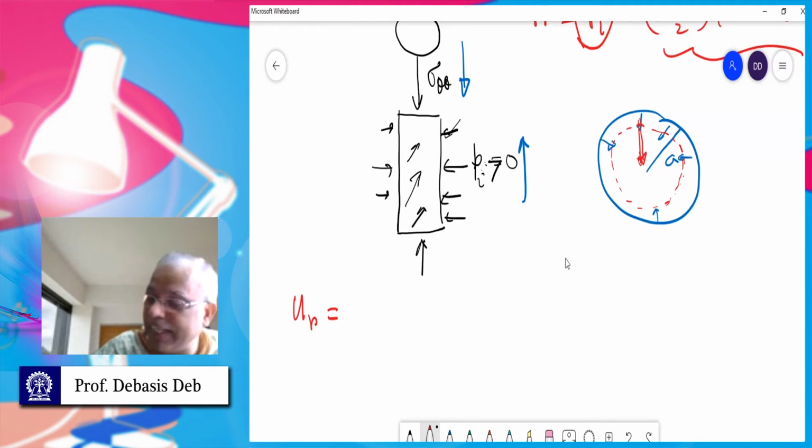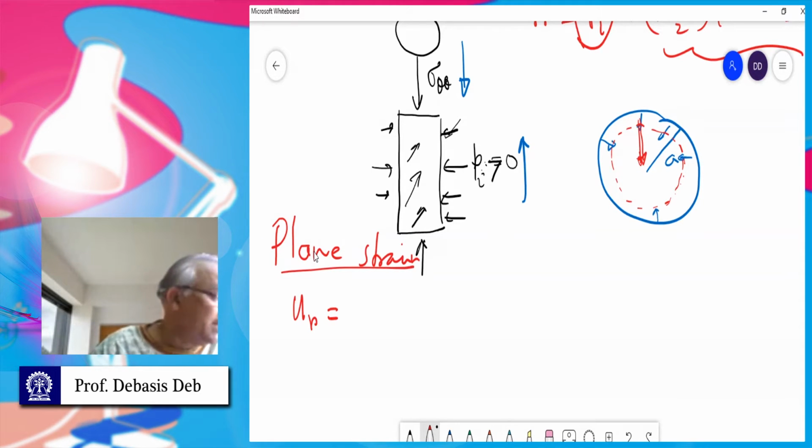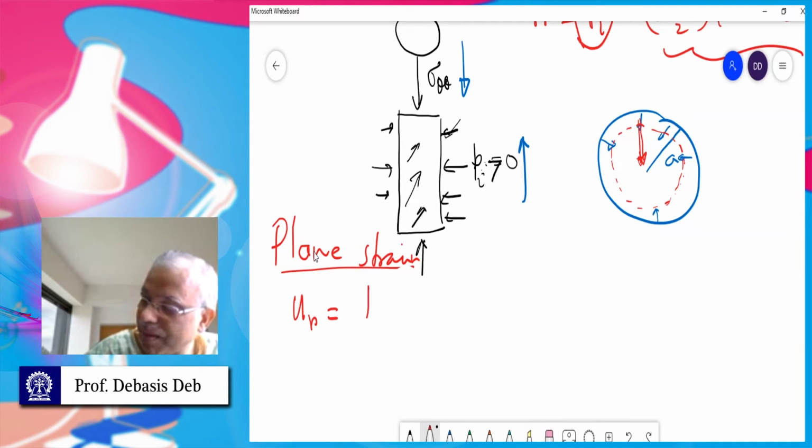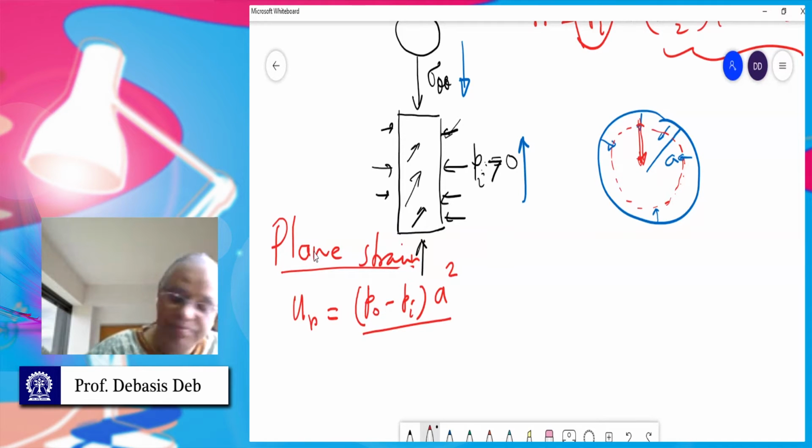And considering plane strain condition, because this is our condition, the equation is P naught A square. This is without Pi, so let me write with Pi, then it will be even better. P naught minus Pi, A square by 4 GR.